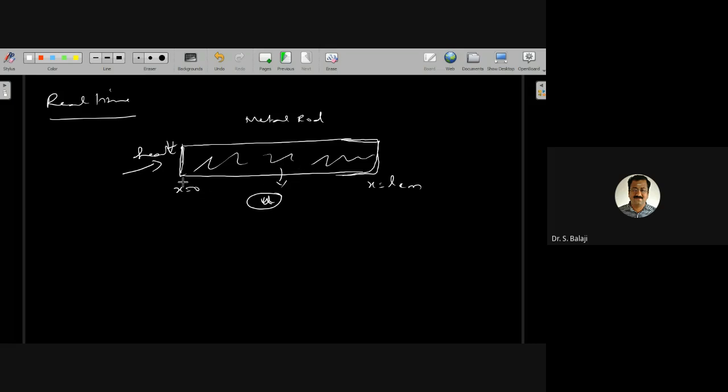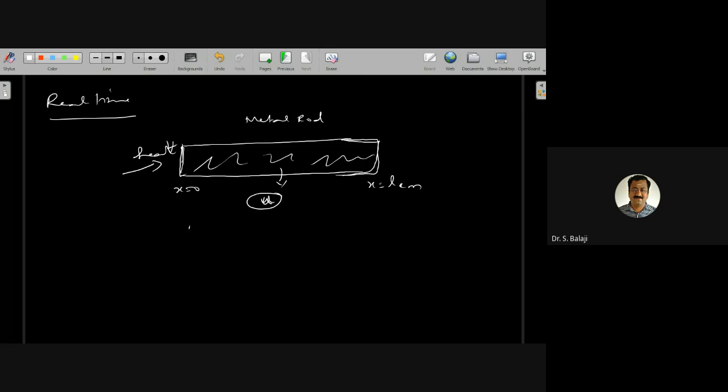Therefore, the temperature depends on x, the distance from x equal to 0 to x equal to L. Moreover, if you measure after 30 minutes, the temperature may vary, and after 45 minutes, it may vary again at different points.